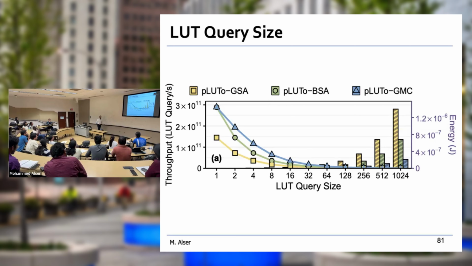But it's always best if we have the granularity as 2 to the power of something. That's how we deal with computers, always multiples of 2, 4, 8, 16, and so on. So we try here different query sizes, like a query of a single bit, like a yes or no question, 2 bits, 4 bits, 8 bits, 16. Remember, this is not the entire vector. This is every number in the input vector.